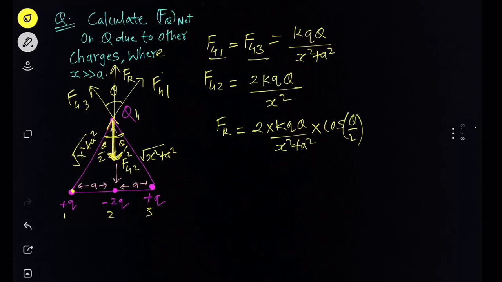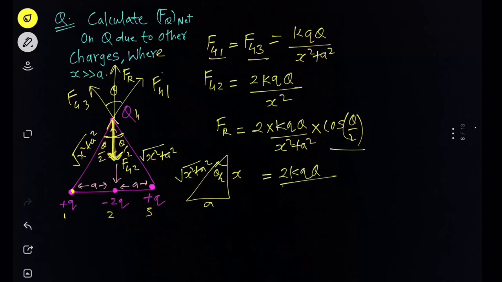Now how do we find cos theta by 2? In this diagram, I'm separating it here. Let's consider the angle is theta by 2. We have shown in the diagram that this length is x, this length is a, this length is x, and this length is root of x square plus a square. So cos theta by 2 will be x divided by root of x square plus a square.